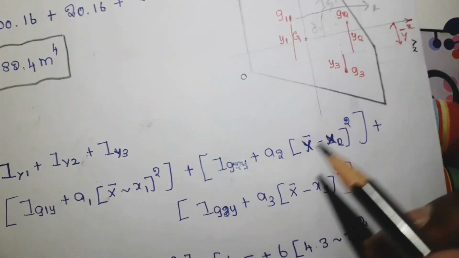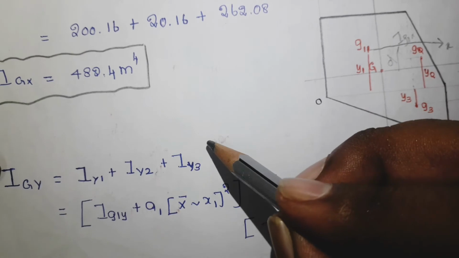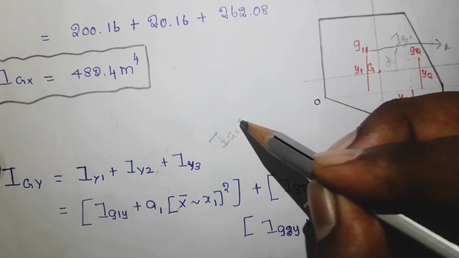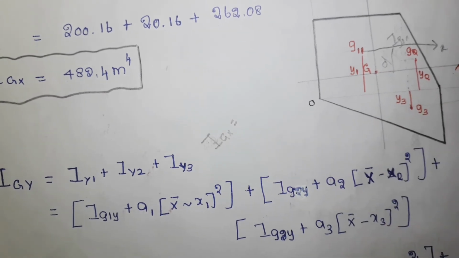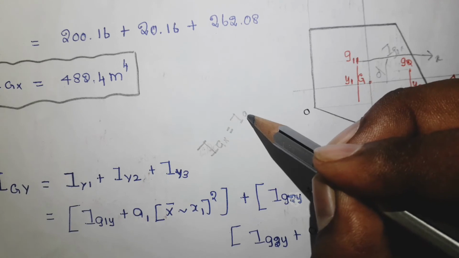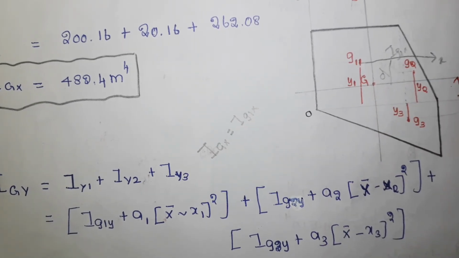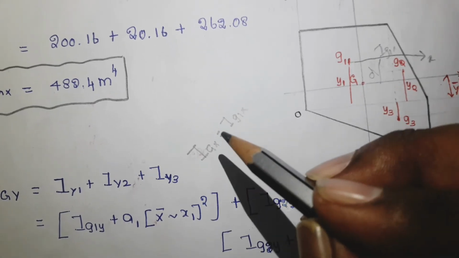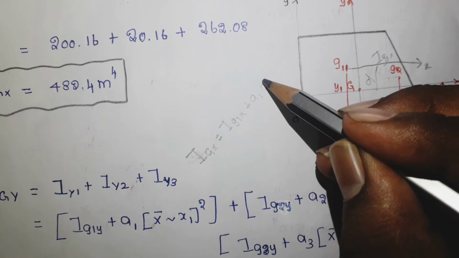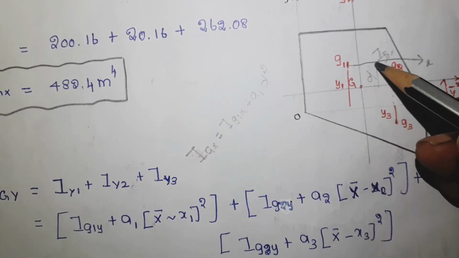I want to know the moment of inertia with respect to Igx, which is equal to Ig1x. Already I found the answer for this one. Then I am going to use parallel axis theorem plus area of the square into distance square, where d is the distance between these two axes.